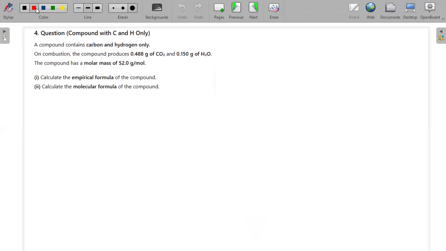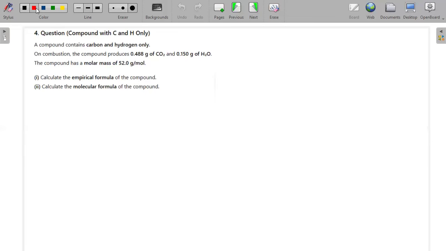It simply means burning in oxygen. Or in other words, it simply means reacting something with oxygen. That's combusting. So combustion analysis is just these hydrocarbons or organic compounds reacting with oxygen. That's what combustion analysis is.